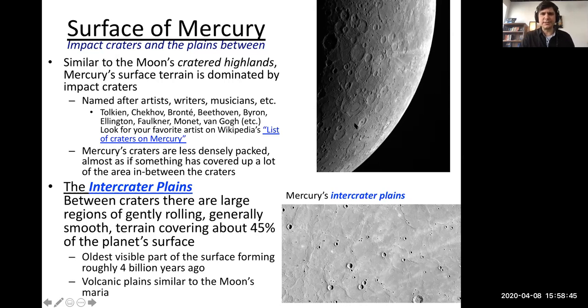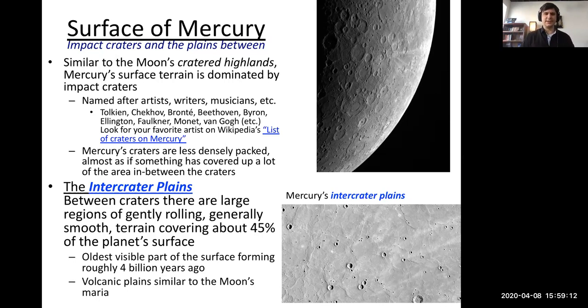But we have these smooth plains in between the craters, covering about 45% of the entire surface of Mercury. Since these plains are what exist between the craters, let's bring to bear all the creativity that we astronomers use at naming things, and let's call these smooth plains between the craters the intercrater plains, the plains between the craters.